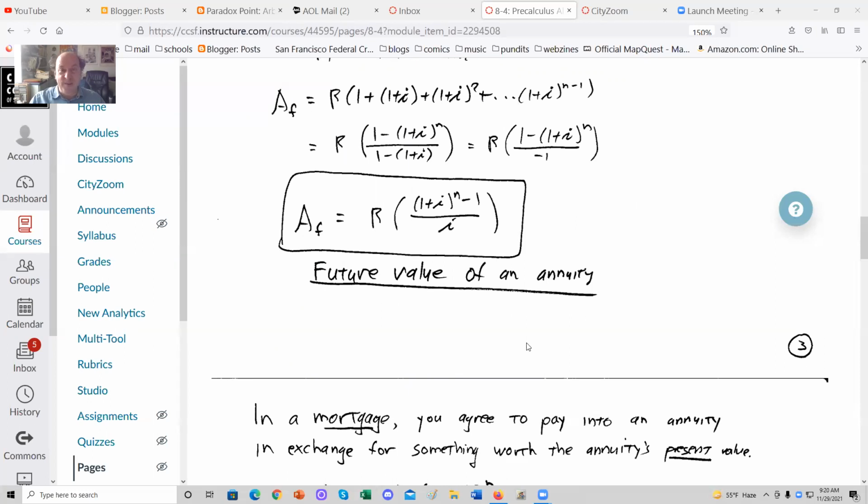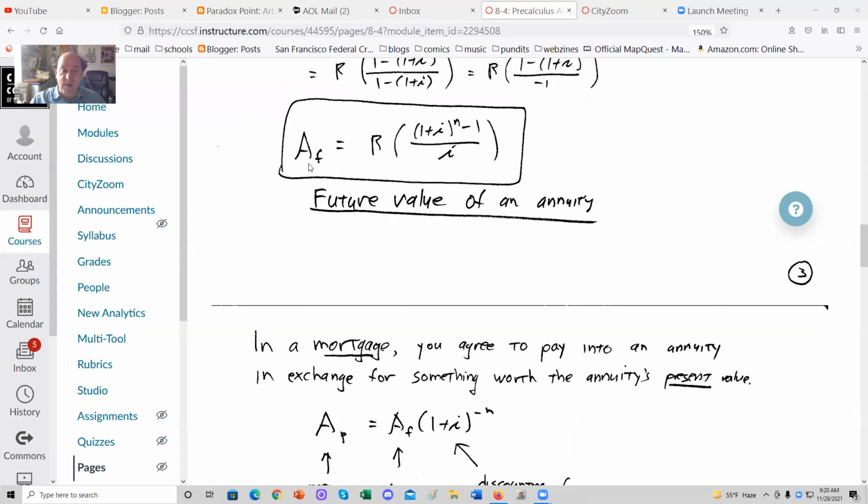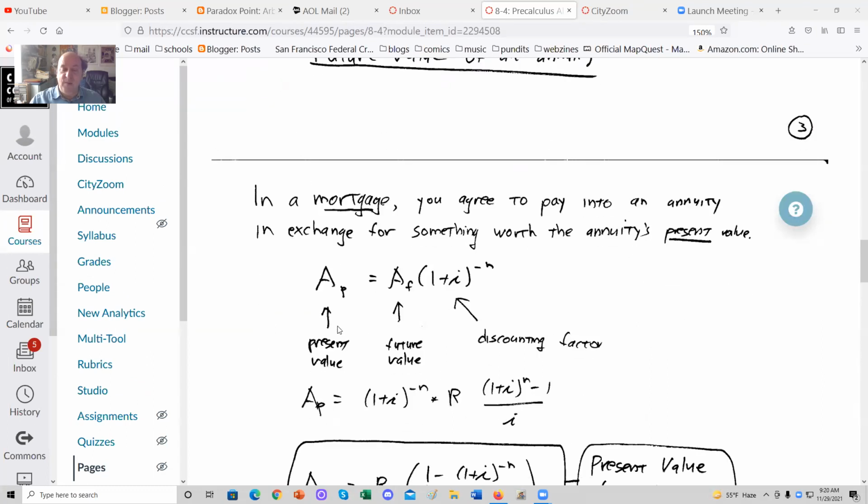But suppose you want something now, like a house to live in or a car to drive. Well, we have something called amortization, whereby you take on a debt now and pay it off gradually by regular payments. Here, the trick is, instead of looking at the future value, you want to find its present value. The present value of that annuity will be A sub P equal to the future value times (1 + i)^(-n), because we're discounting by the amount that it grows.